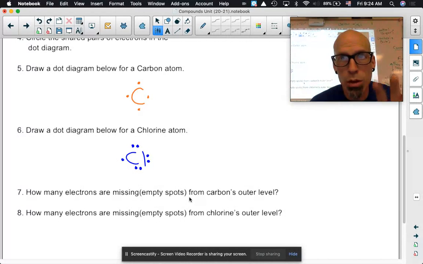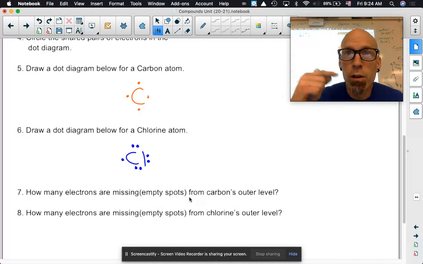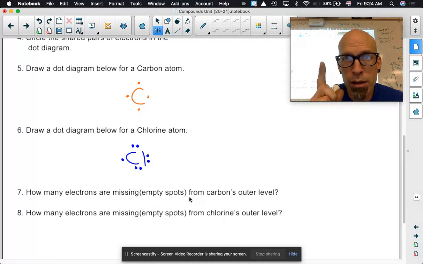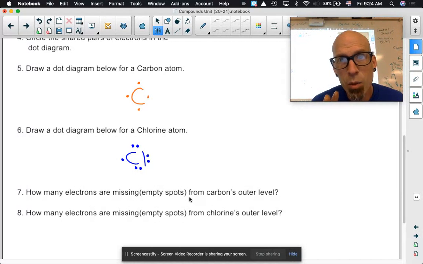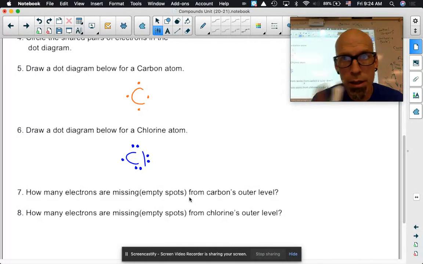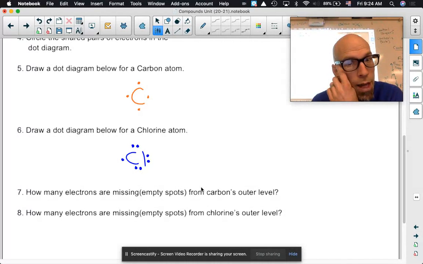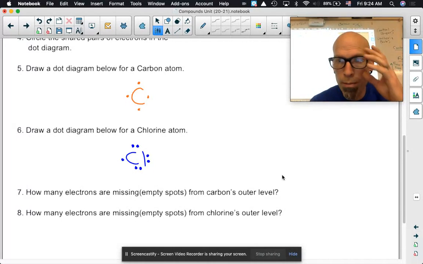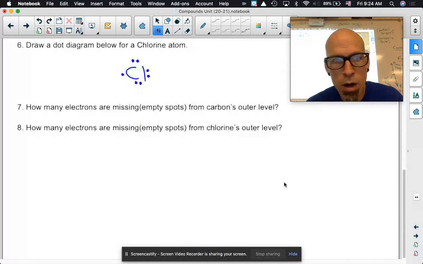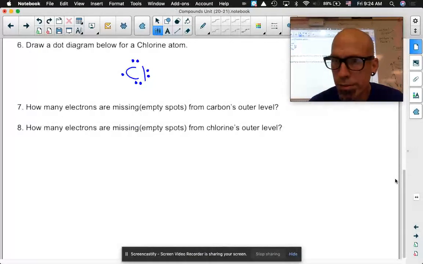There's 4 spots where 4 more electrons need to go. The chlorine atom only has 1 empty spot. There's only 1 place where someone else's electron needs to be to complete the octet. So that's 4 for carbon and 1 for chlorine. Then we move on to the next page.